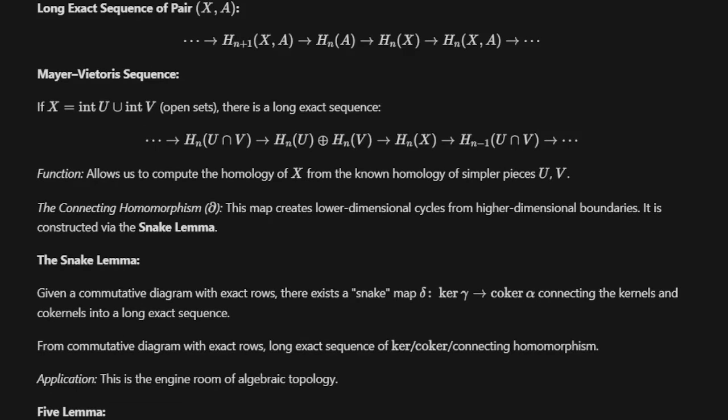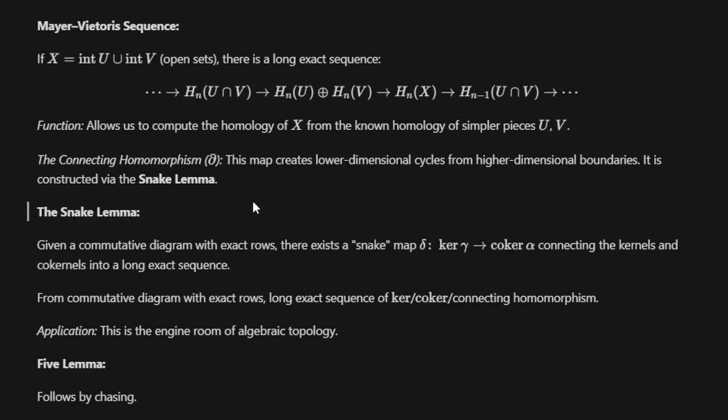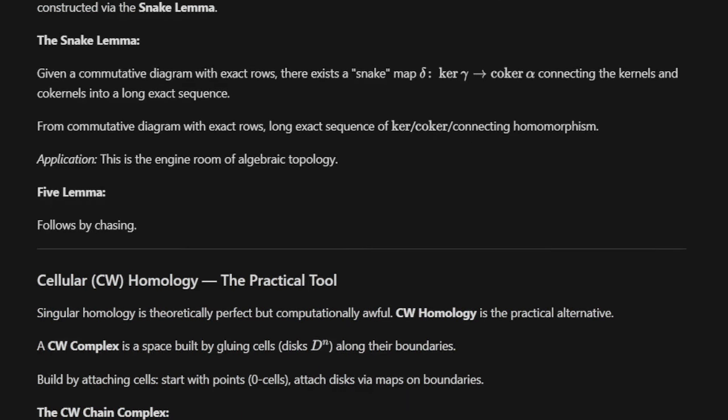The snake lemma, right? If we imagine the grid of groups, but first, before we get on to the snake lemma, if we want to connect homomorphisms, this map creates lower dimensional cycles from higher dimensional boundaries. What this allows us to do is imagine the grid of groups, and if you have exact rows, you can define a connecting homomorphism that snakes from row n down to row n minus 1.